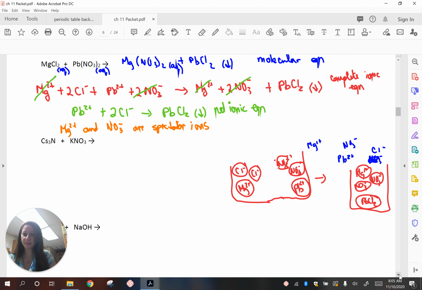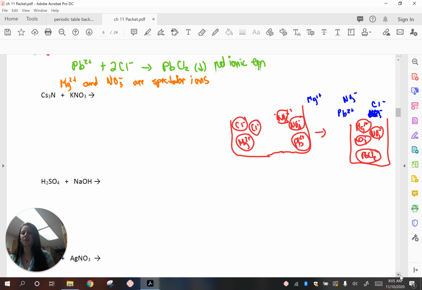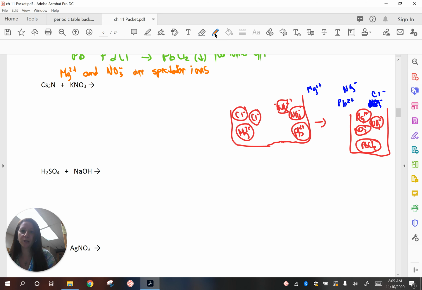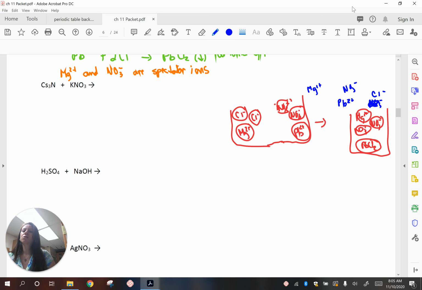So this one is Cs3N plus KNO3. I know that this is a double replacement reaction because I have two compounds here. So I'm going to change the color. Let's go with blue. I'm going to put the two outer ones together, so the cesium with the nitrate. So I have Cs plus and NO3 minus, so that's going to give me CsNO3.